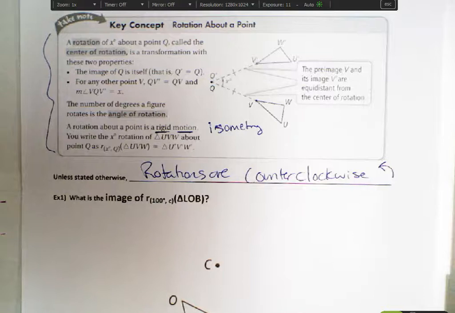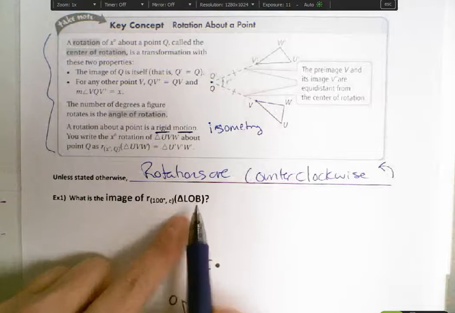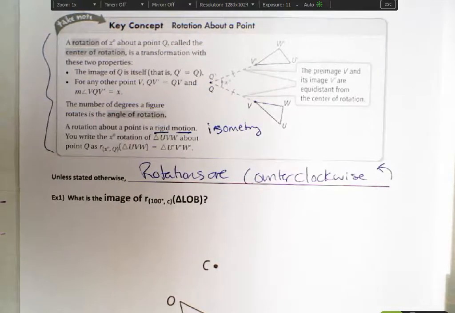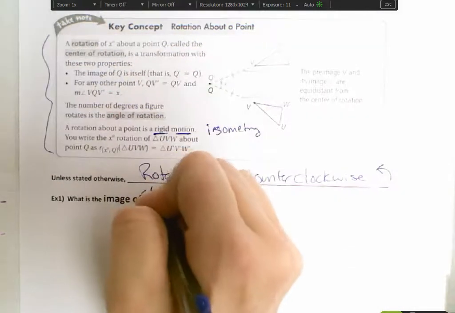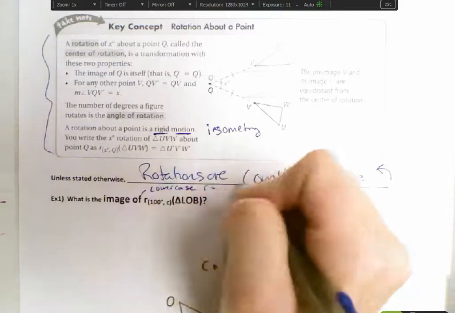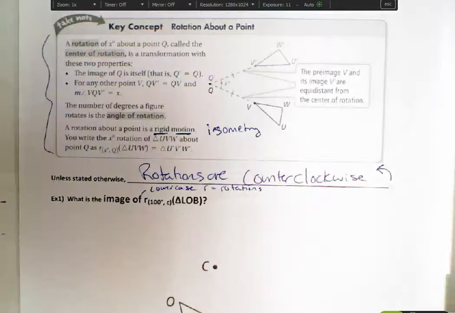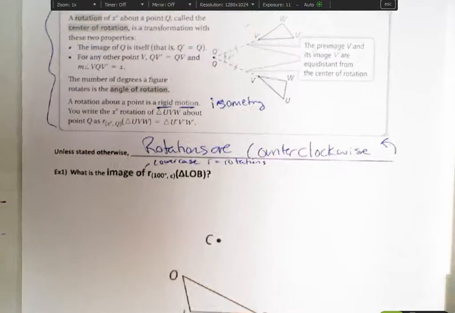What is the image of lowercase r sub 100 comma C of triangle LOB? So let's talk some notation. This lowercase r indicates rotation. So our uppercase R from yesterday dealt with a reflection.